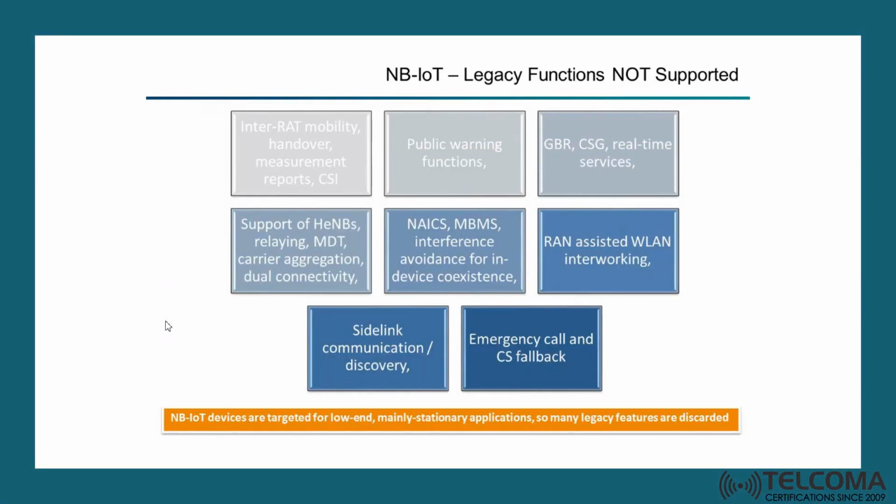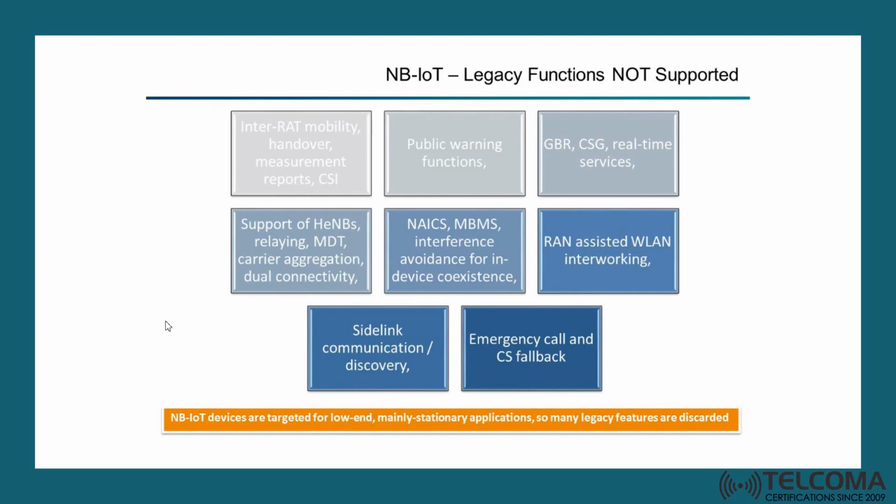Now we will see what all the things are that are not supported in NB1 when compared to LTE. Anything fancy is not supported in NB-IoT, since our aim is to make a less and less complex and less costly modem for IoT devices. All these features that are described here: inter-RAT mobility, not supported.